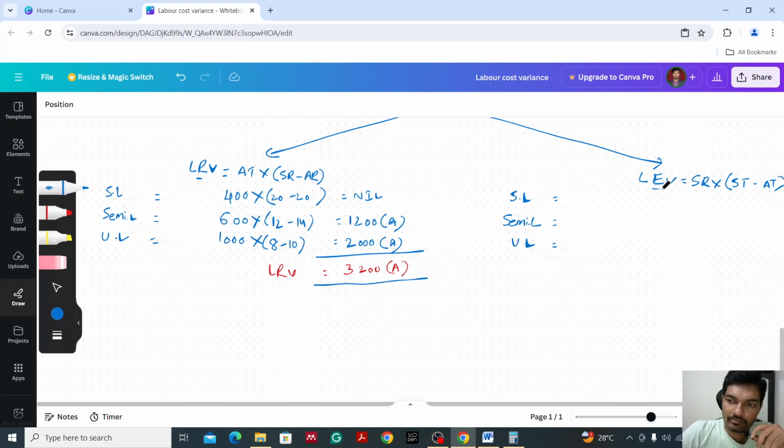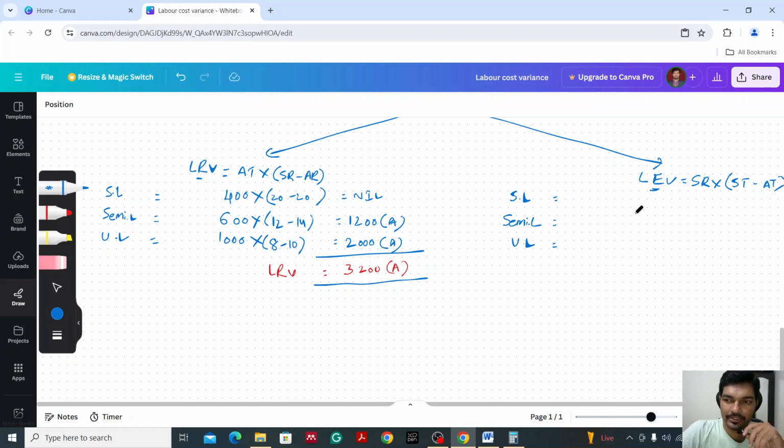Efficiency means labor involvement in the production activities. So how much variation is there? To find out the variance, we use standard time minus actual time.